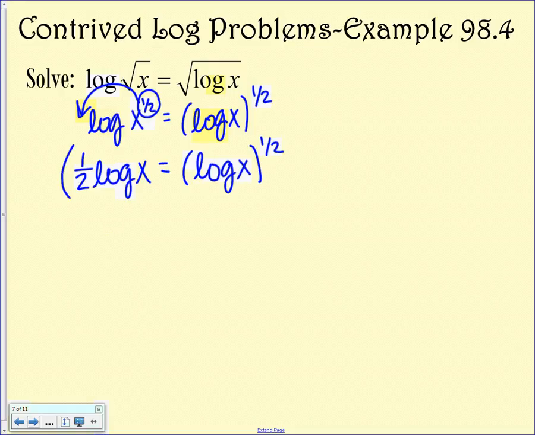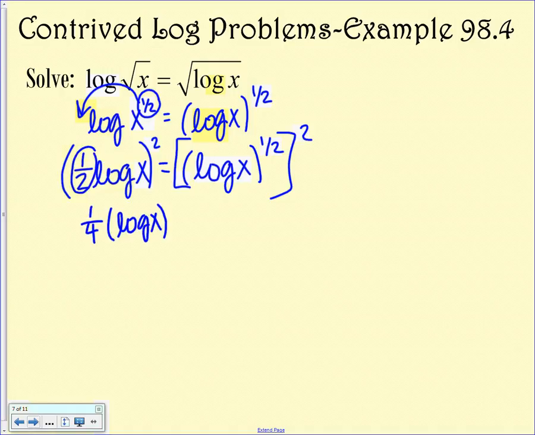And so we can square both sides to get rid of that 1/2. So 1/2 squared right here would be 1/4. And then we would have log of x, all of that squared. And then log of x to the 1/2 squared, those go away, and you're just left with log of x.